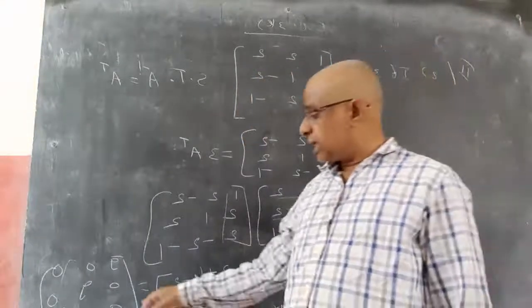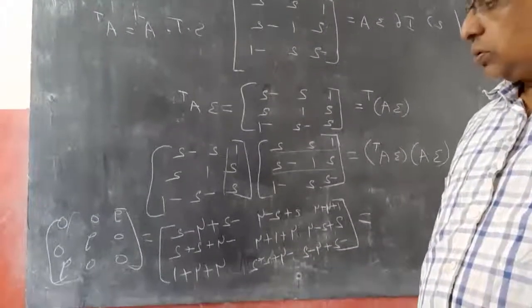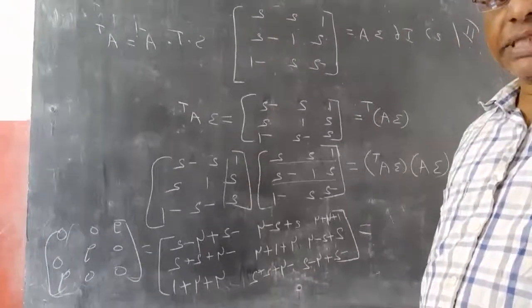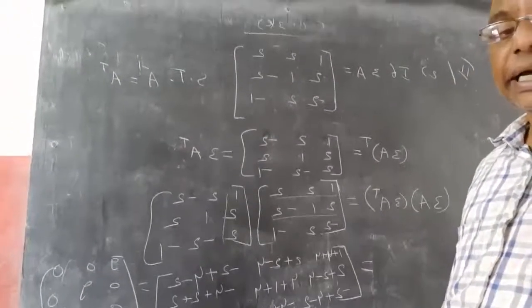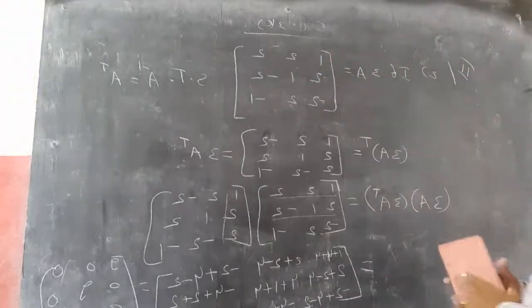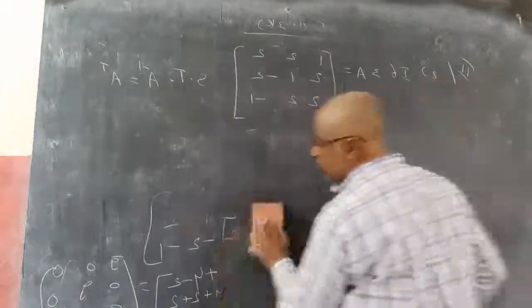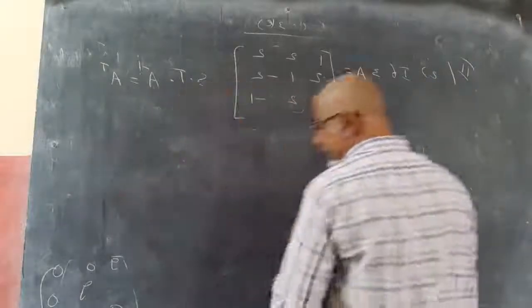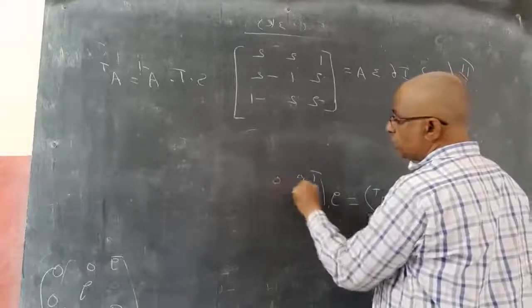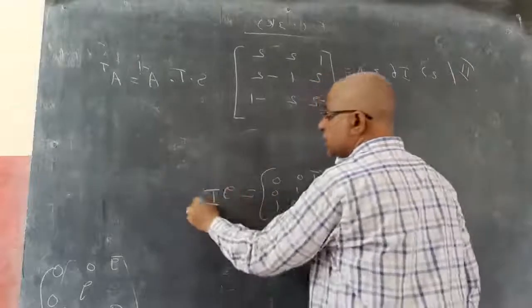If I take 9 common, it becomes 9I, that is 9 times 1, 0, 0, 0, 1, 0, 0, 0, 1. It's nothing but 9I.